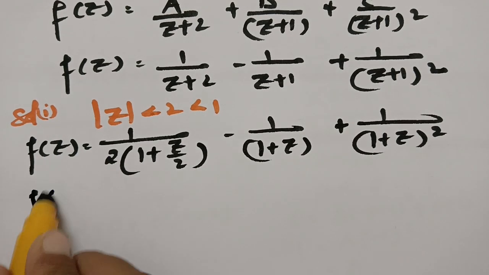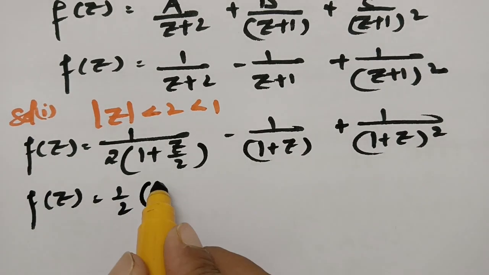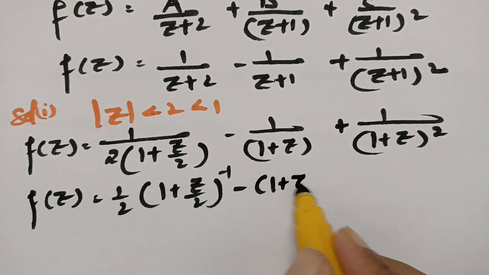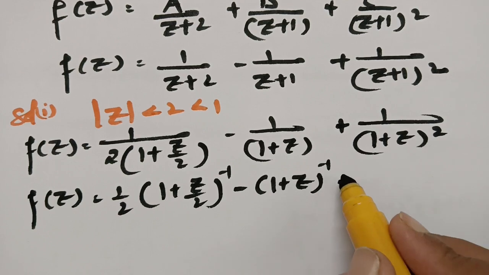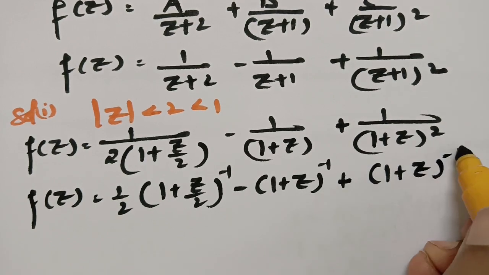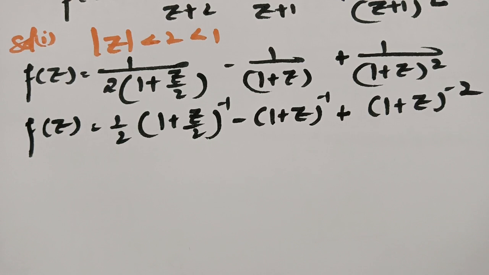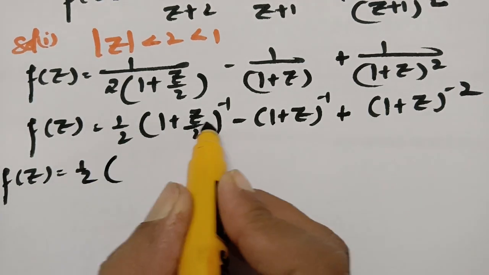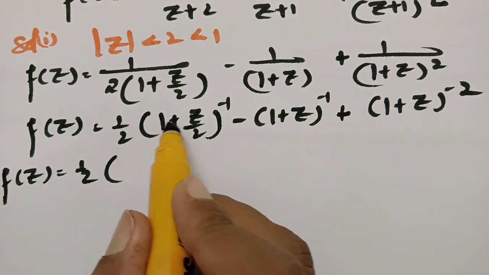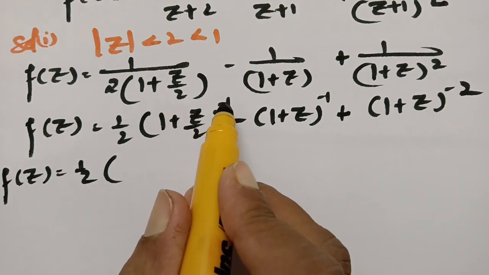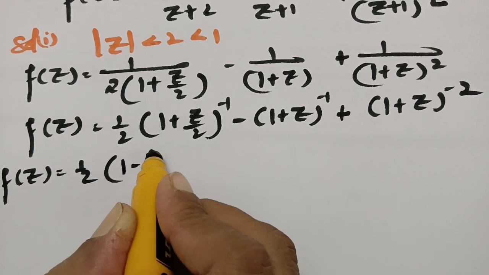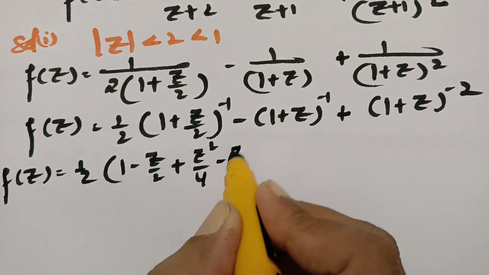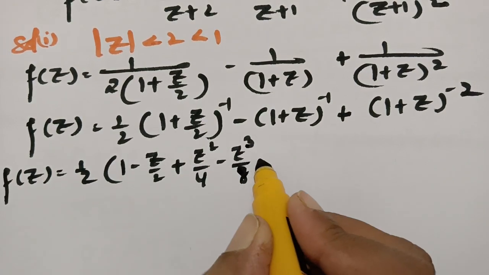Here if I bring everything to the numerator, this will be 1/2 times (1 + z/2)^(-1) minus (1 + z)^(-1) plus (1 + z)^(-2). Now f(z) is equal to 1/2 times, if you expand this, which is of the form (1 + x)^(-1): 1 - z/2 + z²/4 - z³/8 and so on. Expanding this one, we get 1 - z + z² - z³ and so on.